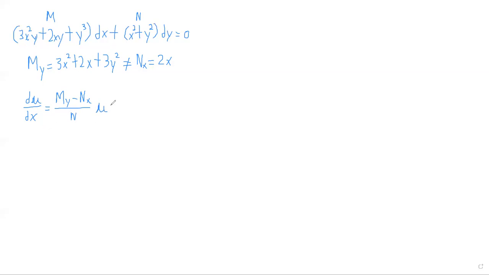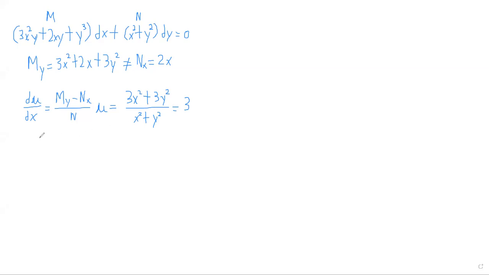And we just plug in. 3x squared plus 2x plus 3y squared is M sub y, and N sub x is 2x, so these two cancel out. You're left with 3x squared plus 3y squared over x squared plus y squared, and that equals 3.